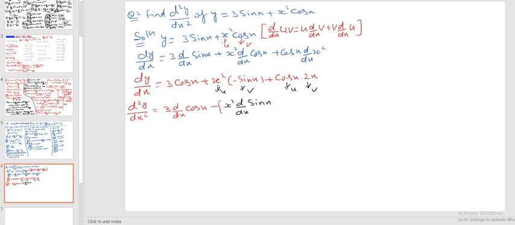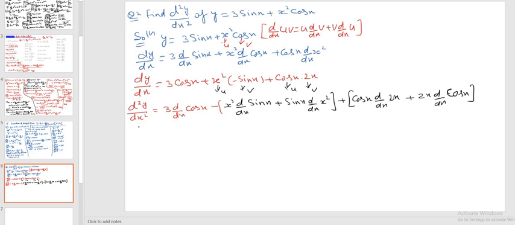Why am I not writing minus? Because I have already taken minus outside. Plus sin x into d/dx of x², which is u d/dx of v plus v d/dx of u.